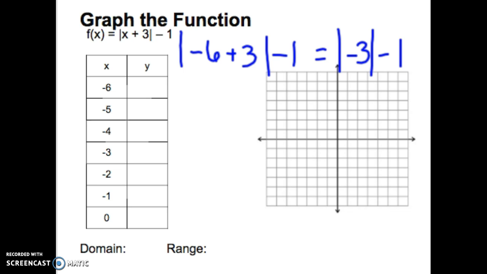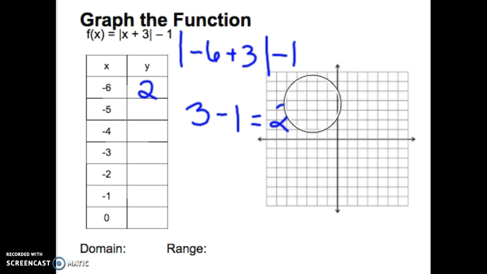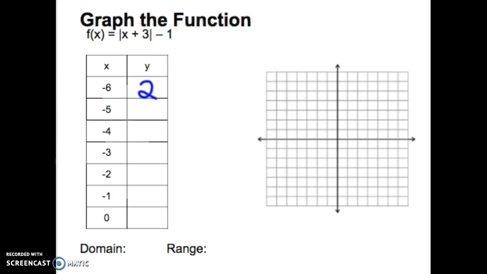We know the absolute value of -3 is +3 minus 1, giving me a value of 2. So instead of the previous problem where we simply plugged a number in, this case we actually have to do some simplifying before we get our final answer.